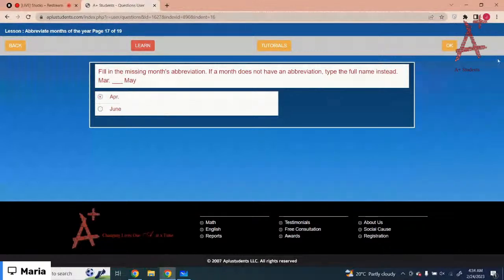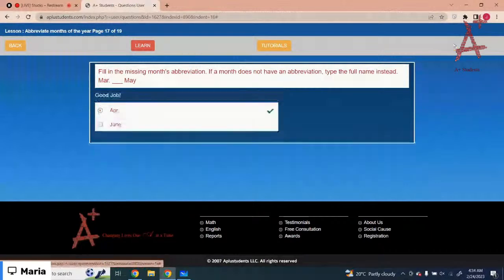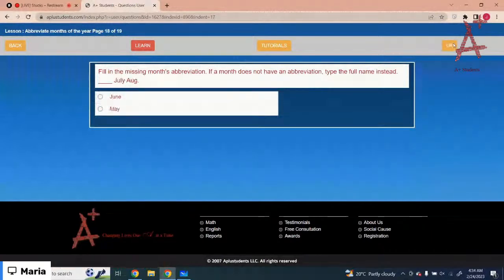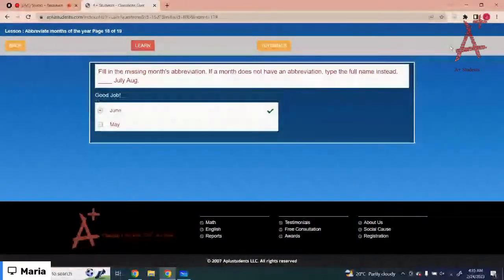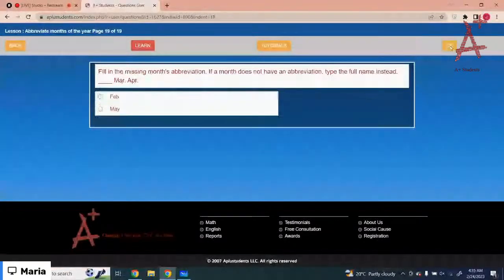Got it? The correct option is April. Okay, dash, July and August. Which is the month before July? That would be June. Got it? The next one is March and April. Which is the month before March? It is February. Got it?